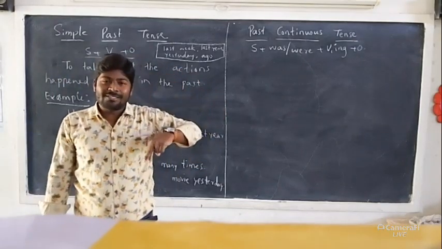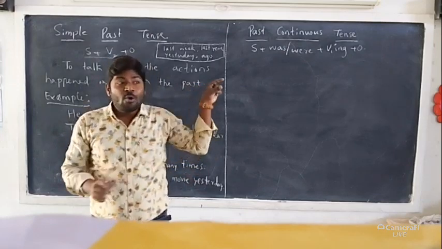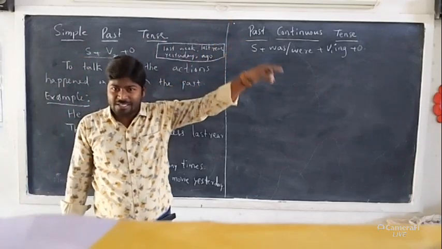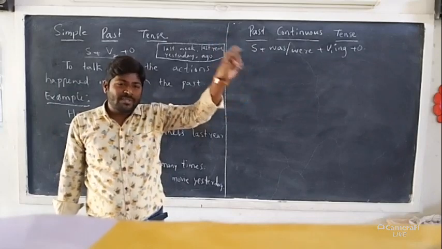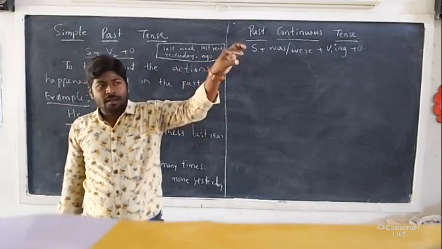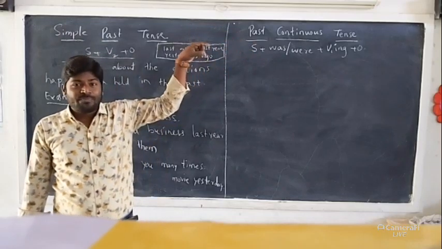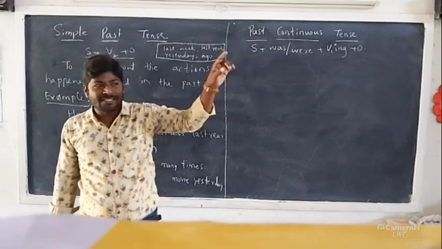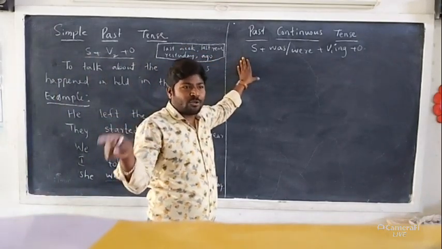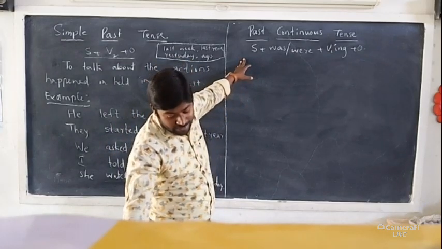When two actions happened, suppose one action was going on in the past at a certain time, and at the same time the second action completed. So one action was going on, the second action completed. The continuous action we should write in past continuous tense, and the completed action we should write in simple past tense. It is difficult, but if we write an example, you can understand easily.